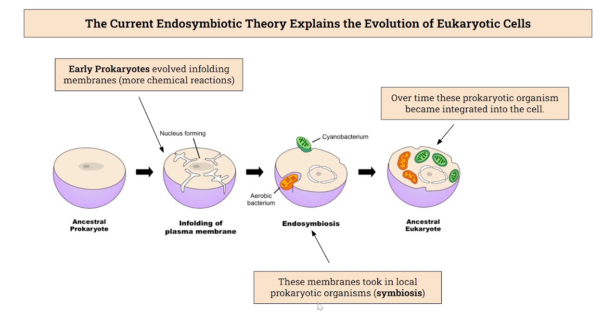This would have been an example of a symbiotic relationship in which this big prokaryote took in other smaller ones, and they performed their own function, providing energy for the big prokaryote. The big prokaryote most likely provided protection for these smaller ones. Over time, these smaller prokaryotic organisms became integrated into the cell until they were just part of the organism as a whole. And this would have been the first ancestral eukaryotic organism, which would have evolved with more complexity over time.